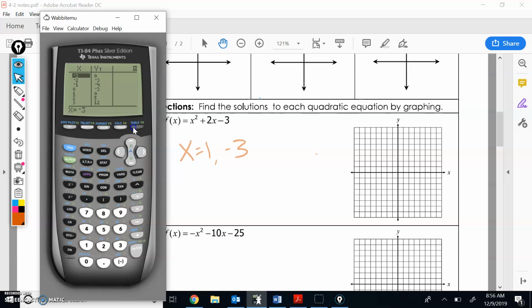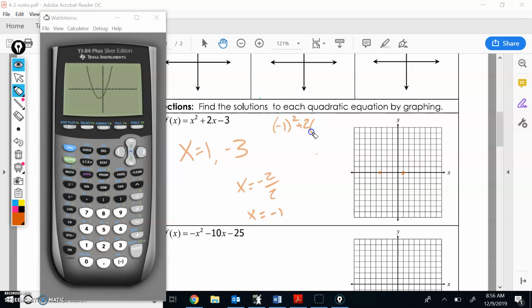We can also plot points on our graph. Say here, here. It looks like the vertex is -1, comma, -4.